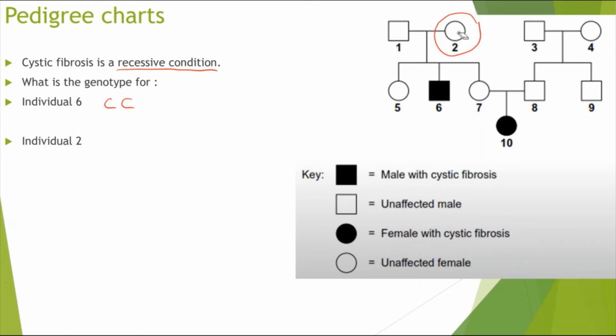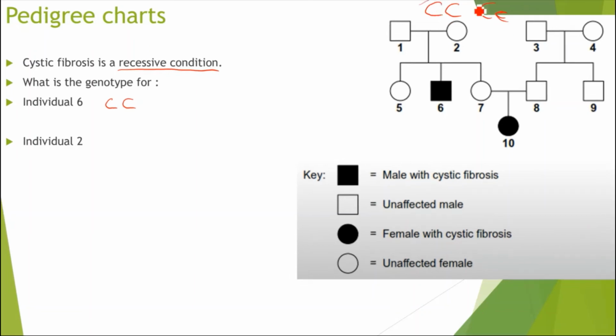If individual 2 is not affected, and she is a female in this case, she can be either capital C, capital C, or capital C and lowercase c. Now to figure out which, I would have to look at the offspring. In the offspring, I can see that one of them is affected by cystic fibrosis.